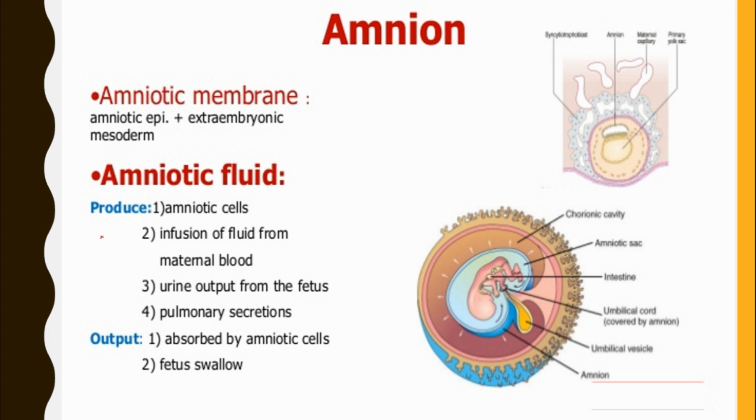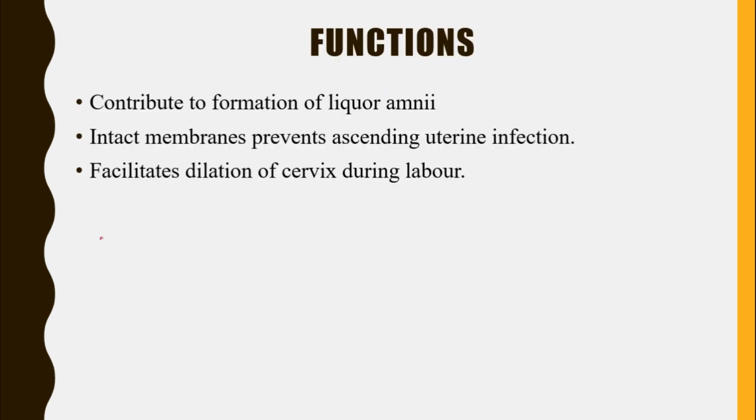The amniotic fluid is absorbed by the amniotic cells and the fetus will swallow it. Okay, now the main function of these two layers, as I've told you, is to initiate the labor.